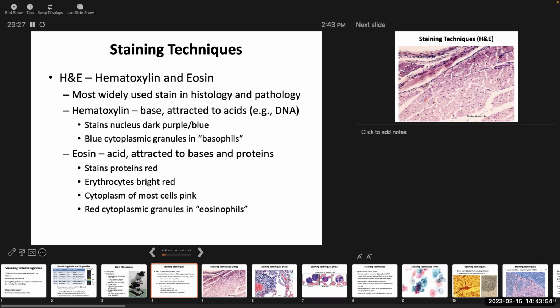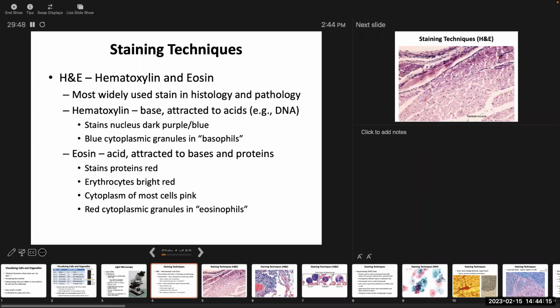So for most cells, the cytoplasm actually stains pink because it's attracting the red eosin stain, but the proteins aren't that concentrated, so that the red is kind of diffuse. So it gives it kind of a pink color instead of bright red.